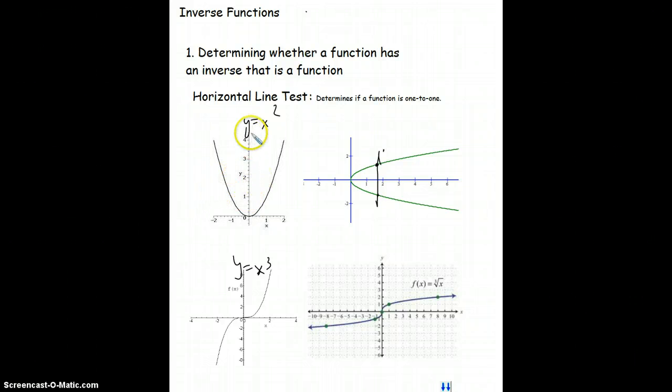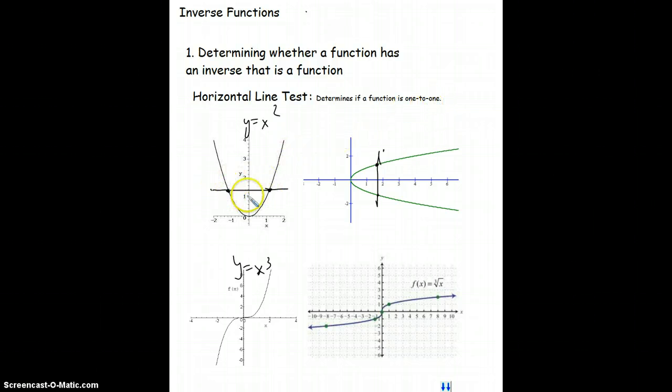In the case of y equals x squared, we'll draw a horizontal line, and notice that this horizontal line crosses at 2 points. Since it crosses at 2 points, it means there are two x values that give the same y value, namely 1 and -1. So this cannot be one-to-one.